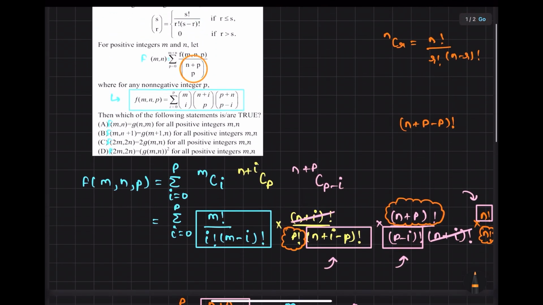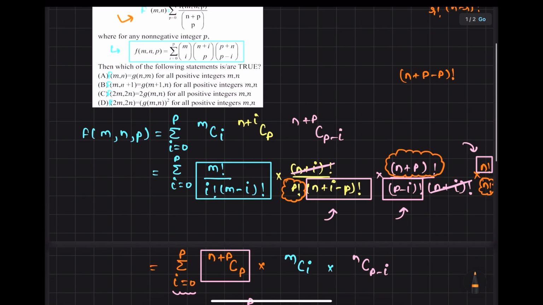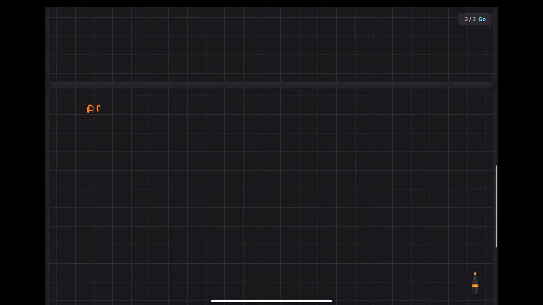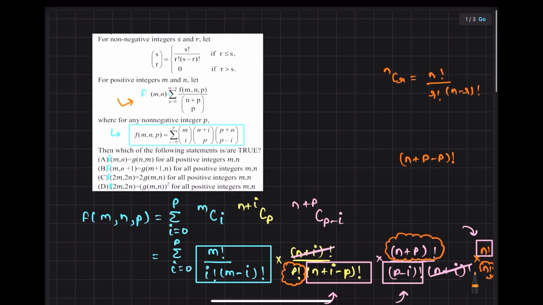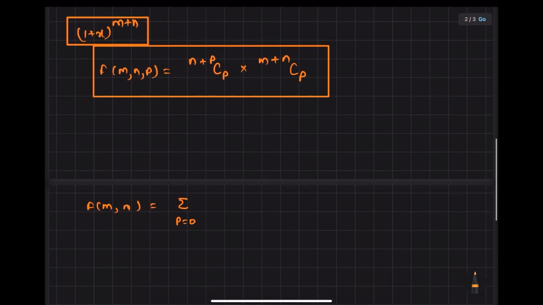Now, look at this. So we got f(m, n, p). Now we have to divide by nCp, and then we have to comment on f(m, n). So look at this. Who is f(m, n)? So f(m, n) is equal to summation, p starts from 0 to m + n, f(m, n, p).